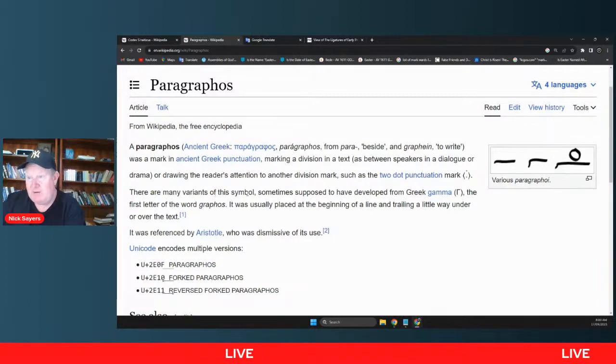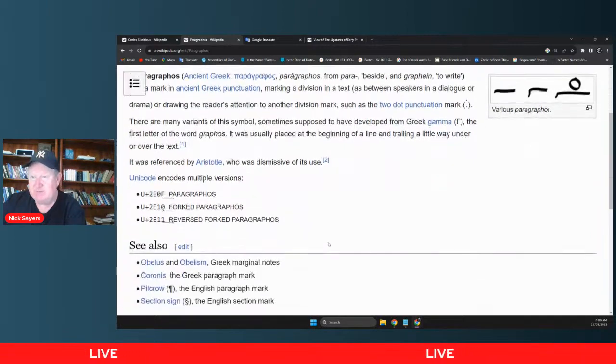There are many variants of this symbol, sometimes supposed to have developed from the Greek gamma, the first letter of the word graphos. It was usually placed at the beginning of the line and trailing a little way under or over the text.